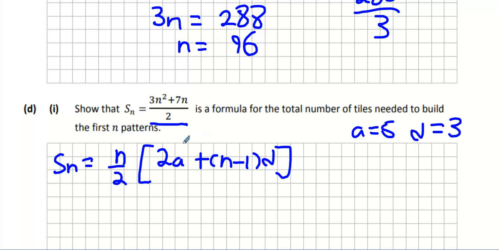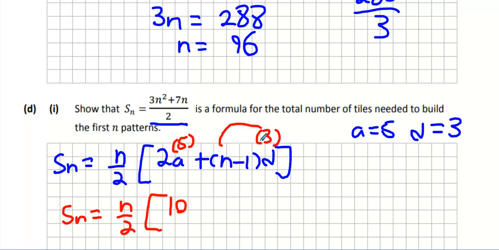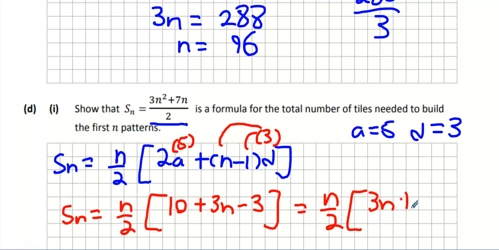So we're going to get 2 times 5, and 3 for d. So it's going to be Sn equals n over 2, 10, 3n minus 3, and then we're going to get n over 2 into 3n plus 7. Does my answer look like their answer?